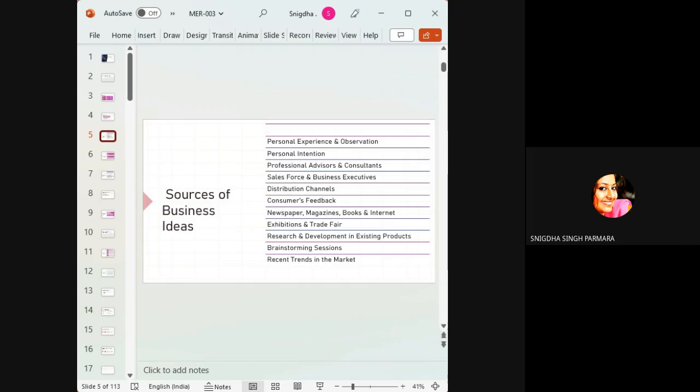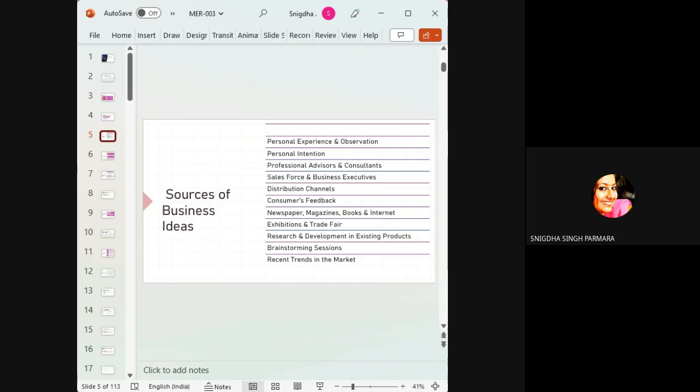So, ideas can be generated from personal experiences or observation. It can be generated from personal intention. When we say personal intention, as in your intention to keep up with the pace of the market, your intention to come up with something new.